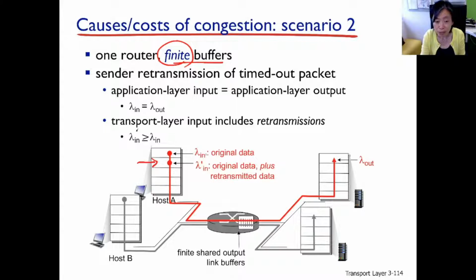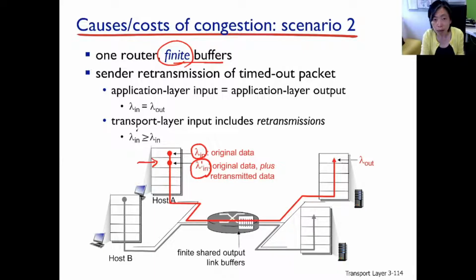If lambda in is what the application layer process generates to send out to the network, then lambda in prime denotes the amount of data the transport layer needs to send into the network in order to complete the job.